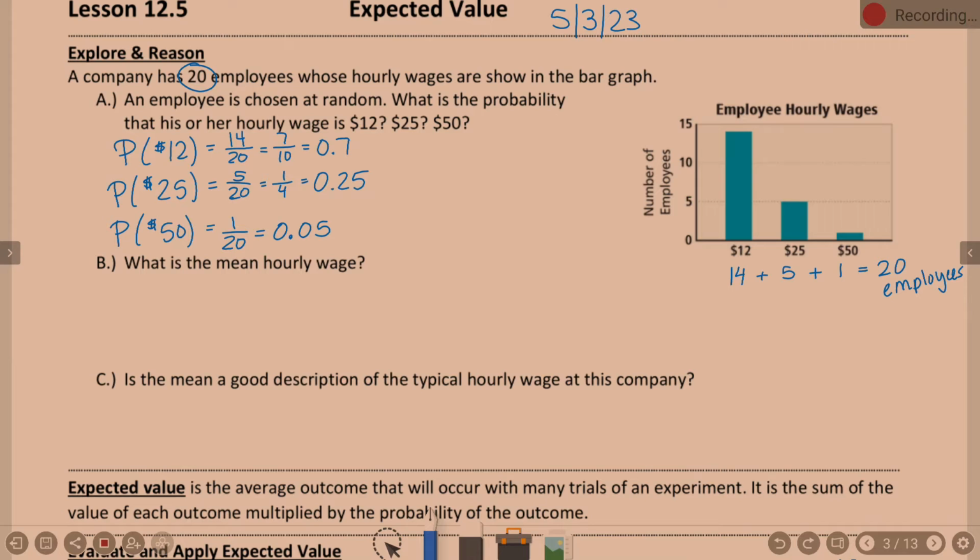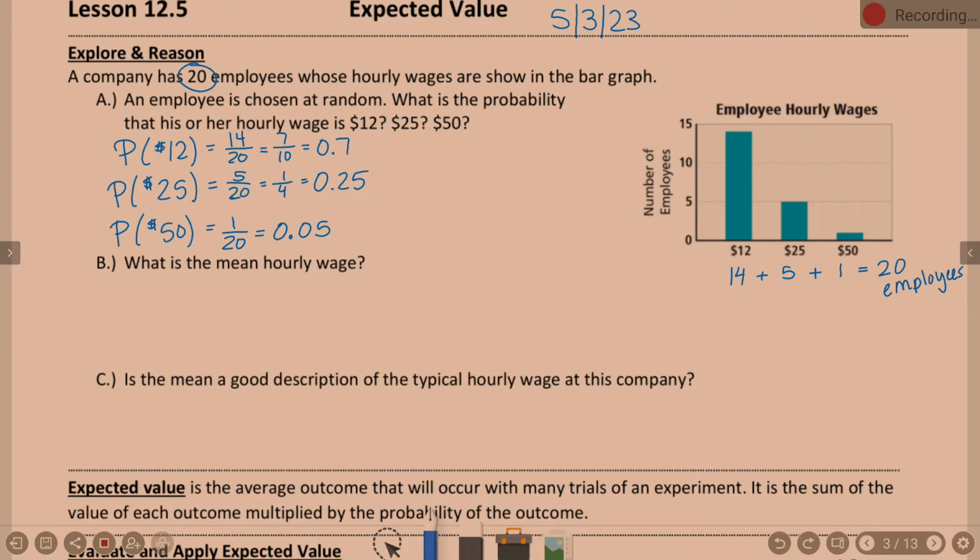Is that making sense? If we're trying to find the mean hourly wage, we've got 20 employees here, yes? So we've got to add up all 20 employees' wages, which the long way, can we do 12 plus 12 plus 12 plus 12 plus 12 plus 12, 14 times? Plus 25 plus 25 plus 25, and then add them all up? Yes. Or can we shortcut that and multiply?